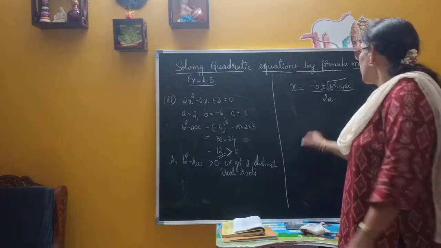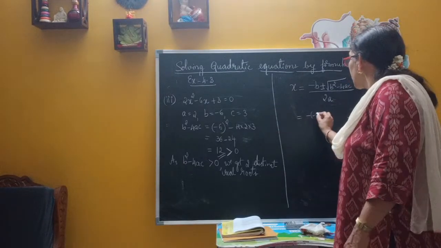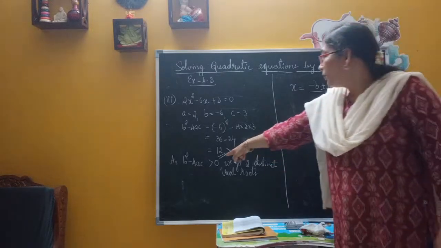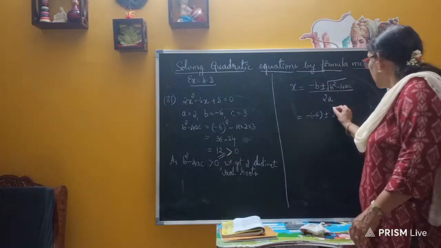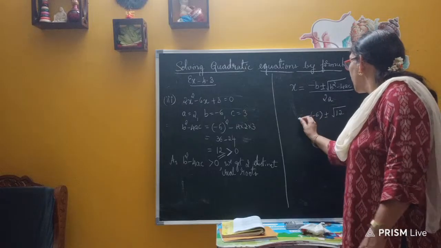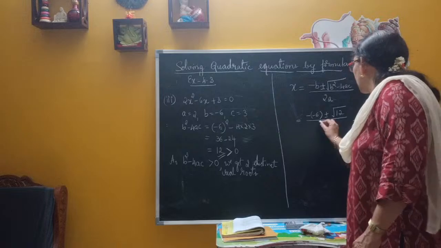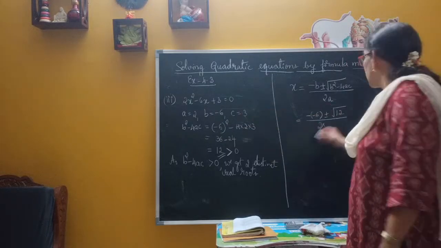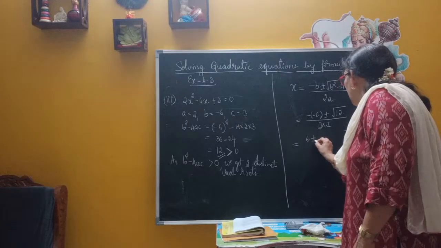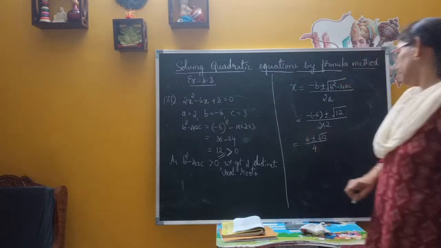Let me substitute: minus of minus 6 plus or minus square root of 12, since b square minus 4ac is 12, divided by 2a, that is 2 into 2. So minus into minus is plus 6, 6 plus or minus root 12 by 4.